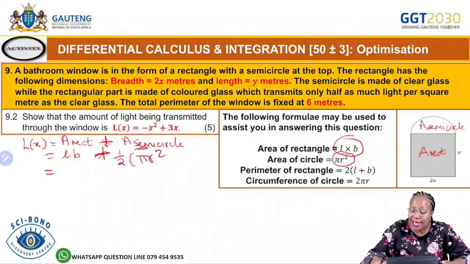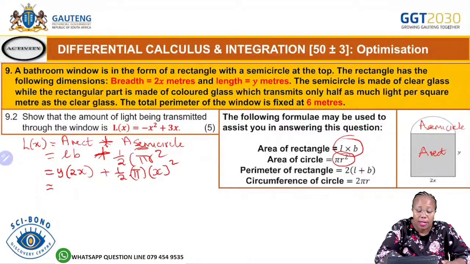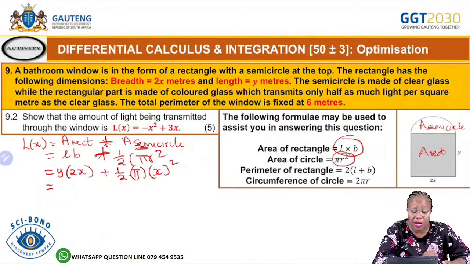And then what is length? Here we are having y into the breadth of 2x plus the half pi, and then the radius, remember we said it's x, then it will be x squared there. And then now, do you still remember that we have calculated y from the previous answer?